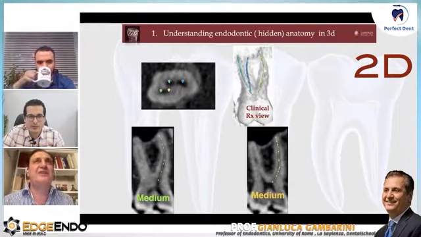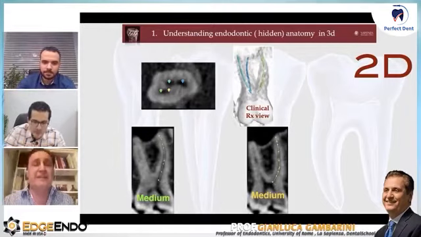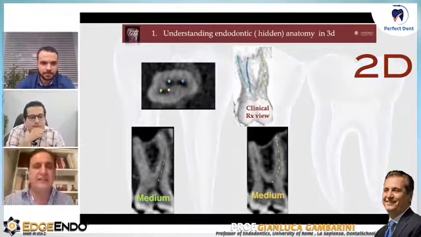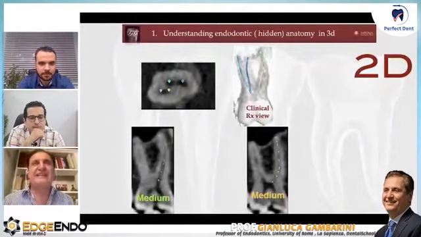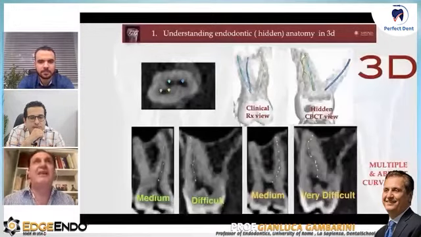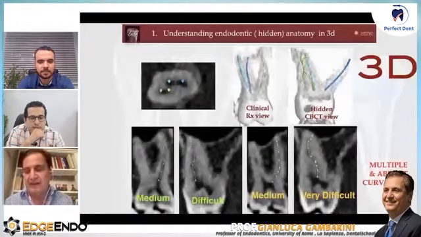For example, in this case, we have two canals in yellow. They look quite similar, but if we start instrumenting them, we will find that this is the three-dimensional anatomy. These are the hidden curvatures. We have multiple and abrupt curvatures, and this is very common in molar cases, which is why molars are so complicated.